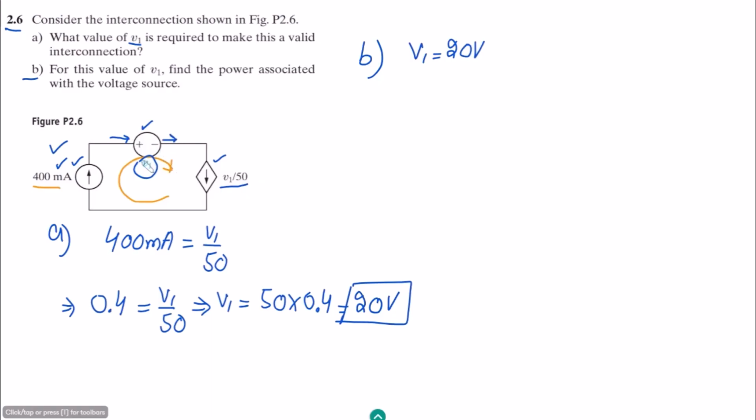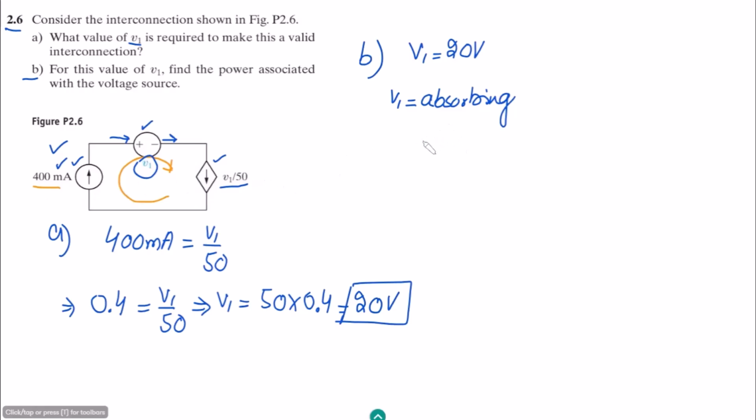What does it show? It shows that this source is the absorbing source. So when this one is the absorbing source, V1 is the power absorbing source, not the developing source. These two are the developing sources.